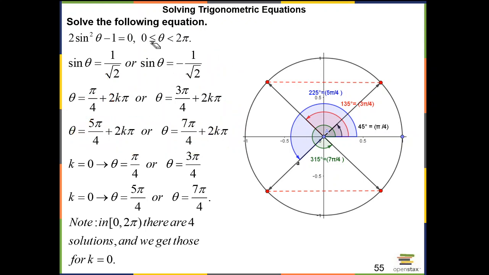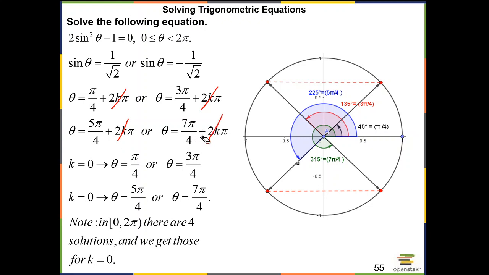Okay, so now remember, we're looking for answers only from 0 to 2 pi, and you can get those by letting k equal 0 here, here, here, and here. So in this first one, we get pi over 4 if k is 0. Over here, we get 3 pi over 4. Over here, we get 5 pi over 4. Over here, we get 7 pi over 4, right?